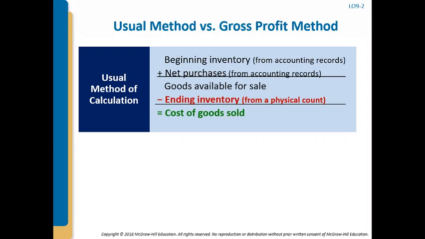And so you know what your ending inventory is, you know what your beginning inventory is, you know what your purchases are during the period, so you know what your goods available for sale are. If you do your physical count, you know your ending inventory, and so goods available for sale minus ending inventory equals cost of goods sold.